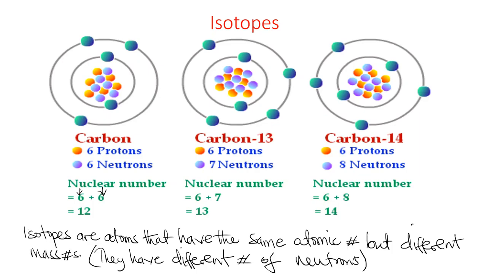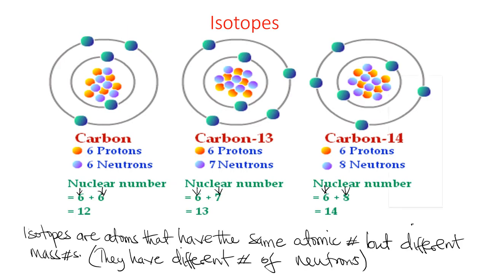We have carbon 13, which has 6 protons and 7 neutrons to give us the mass number 13. Then we have carbon 14. This carbon is radioactive, which has 6 protons and 8 neutrons to give us mass number 14, and we call it carbon 14.